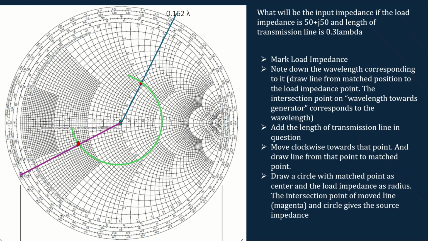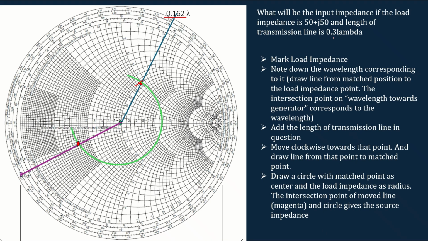Okay, so I have just noted down the steps that you have to follow. If you are given a complex impedance, first of all, mark that impedance, then draw a line from here to that point and note the wavelength there.